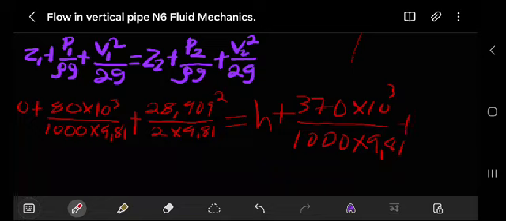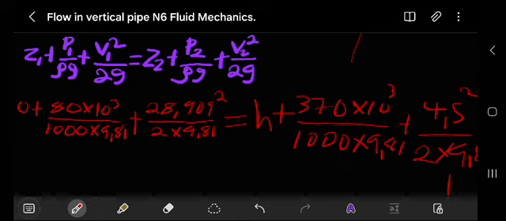Plus V2, which is 4.5, you square that, 4.5 squared, divide this by 2 times 9.81, right?